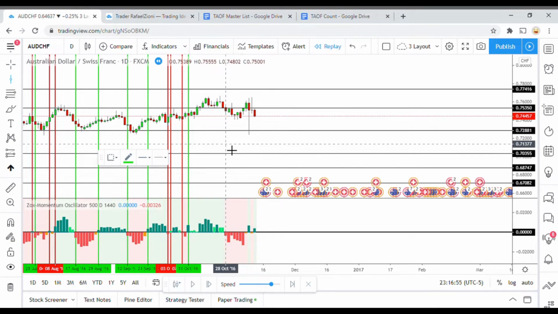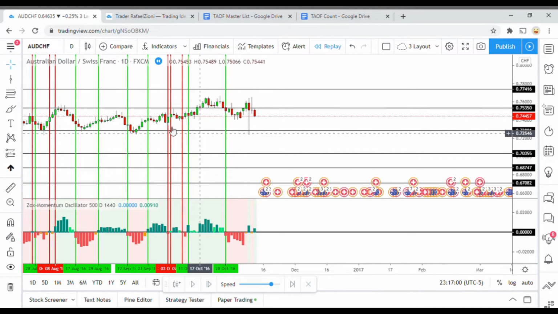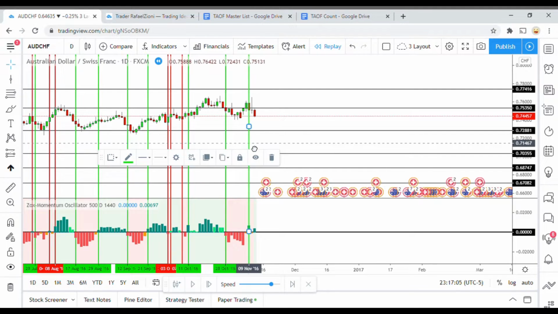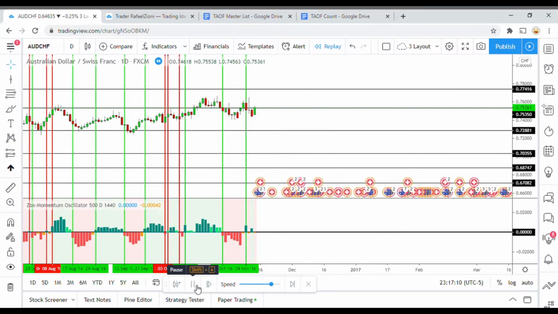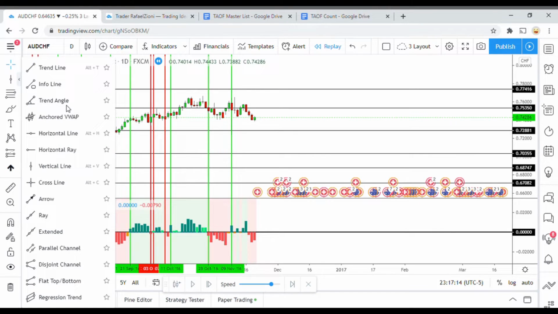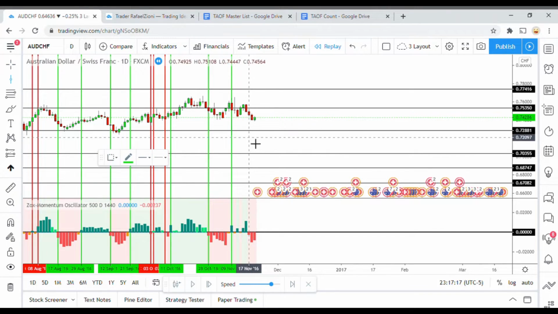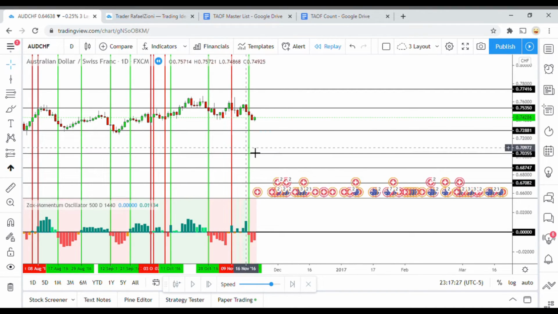Alright, and let's get back to marking off our signals here. Looks like that one would have worked out for us. Let's see, this one would not have. That would have been a losing trade.